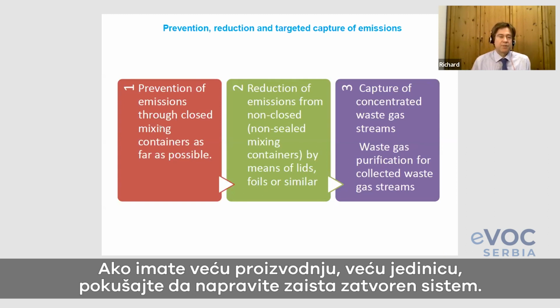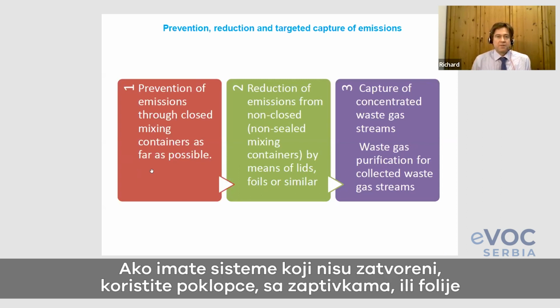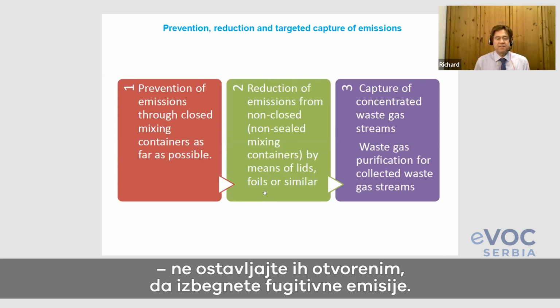If you have a larger production or larger units, try to make it really in a closed system. So if you have non-closed systems, so that is what I said already, use sealed lids, use foils or similar covers and don't leave them open in the working room so that you avoid fugitive emissions.